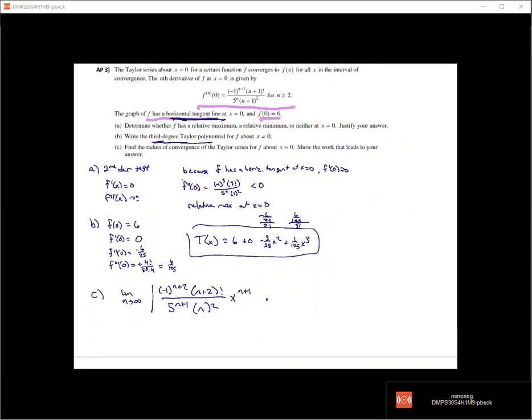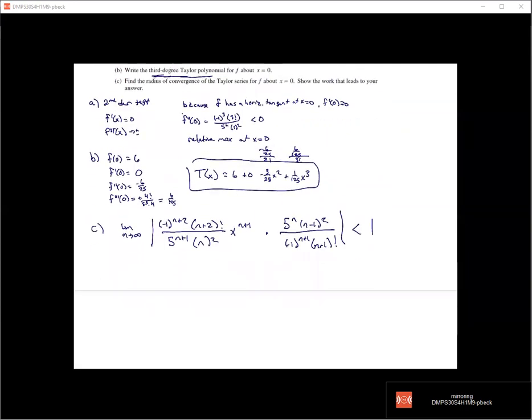Now we're going to multiply that by the reciprocal. That would be 5 to the n minus 1 squared over negative 1 to the n plus 1 times n plus 1 factorial. And we need that limit to be less than 1.